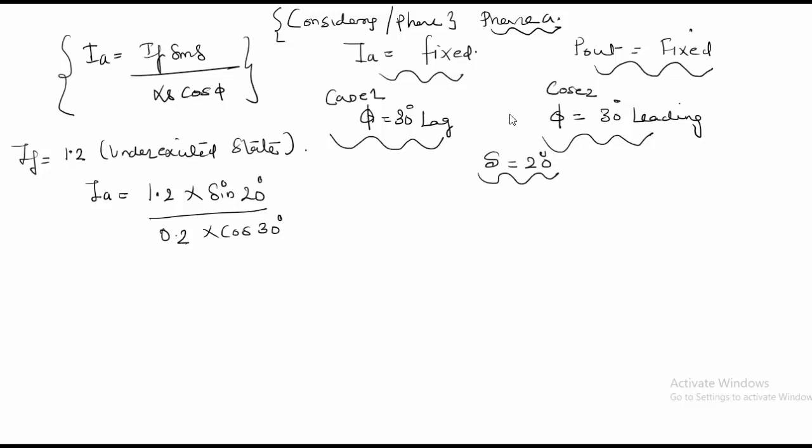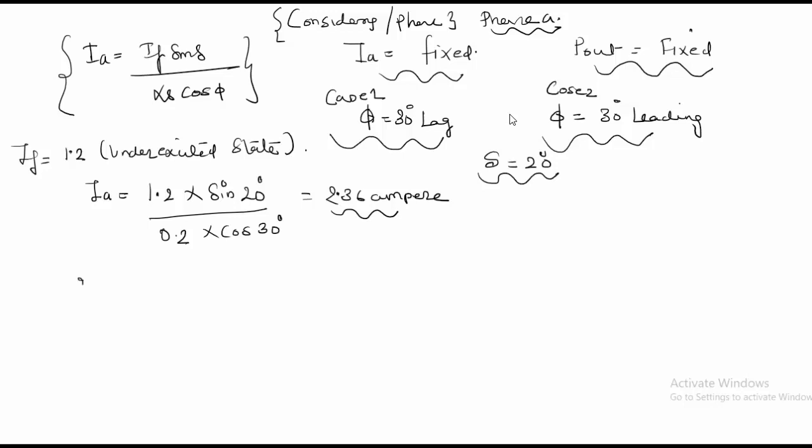So this is 1.2 into sine 20 divided by 0.2 divided by cos of 30, which gives IA equal to 2.36 amperes.